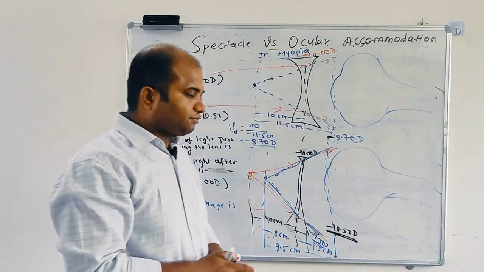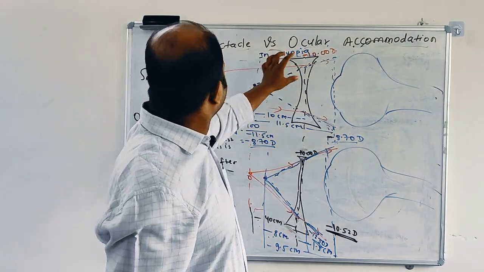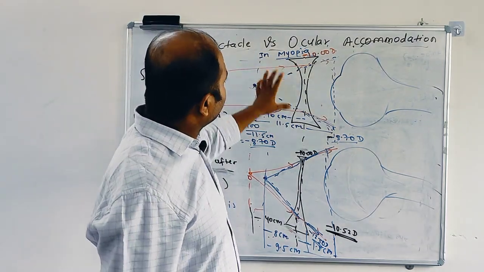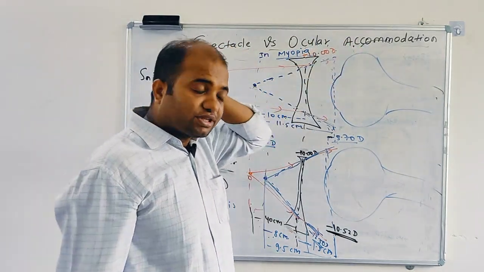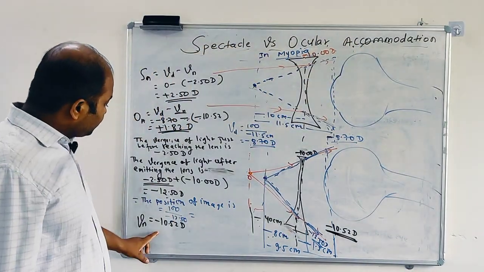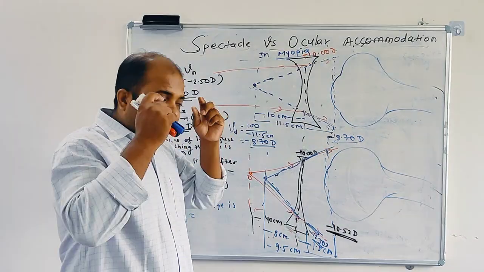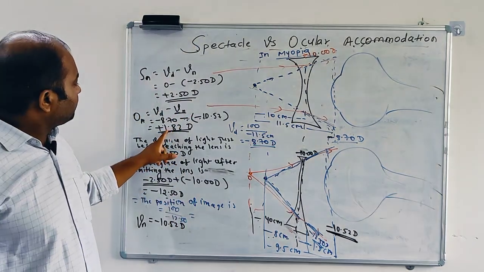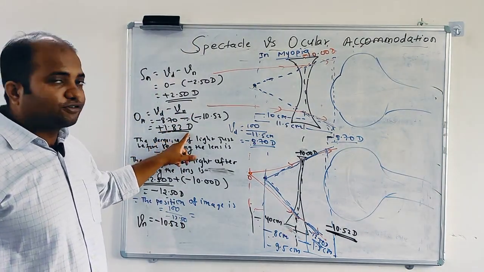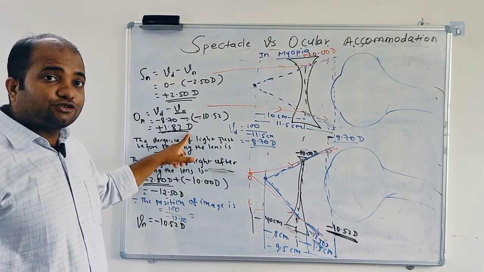That means what did you understand from all this? Spectacle accommodation we have discussed. Again, myopic ocular accommodation we have discussed. What we have learned is that the actual accommodation in myopia when you are wearing glasses is less. Ocular accommodation is 1.82 diopter, and ocular accommodation in emmetropia we have seen is 2.41.